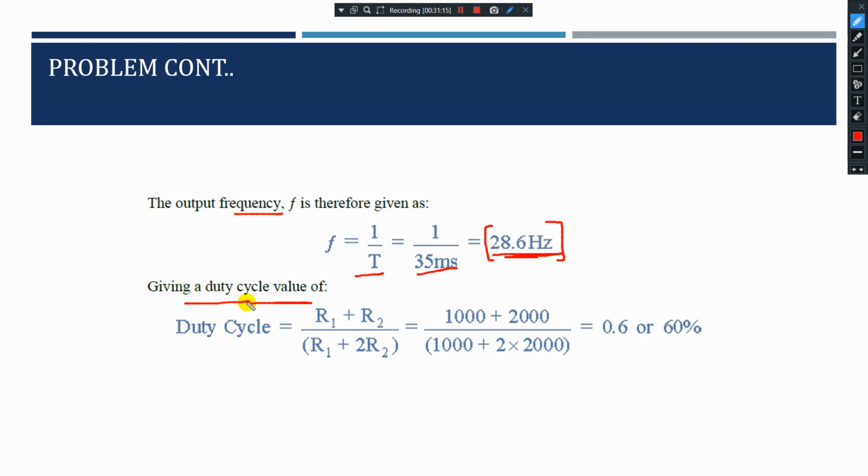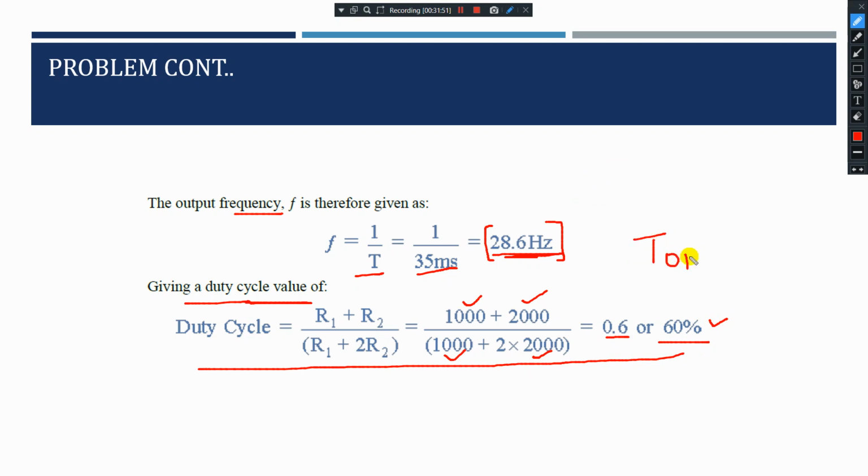So let us find out the duty cycle here. Duty cycle is equal to R1 plus R2 divided by R1 plus 2 times of R2. So R1 is 1 kilo ohm, R2 is 2 kilo ohm, 1 kilo ohm plus 2 times of R2. It's 0.6, or we call it 60% duty cycle. In terms of percentage, it will be 60% because T on is not equal to T off. That's what we saw in the previous slide.